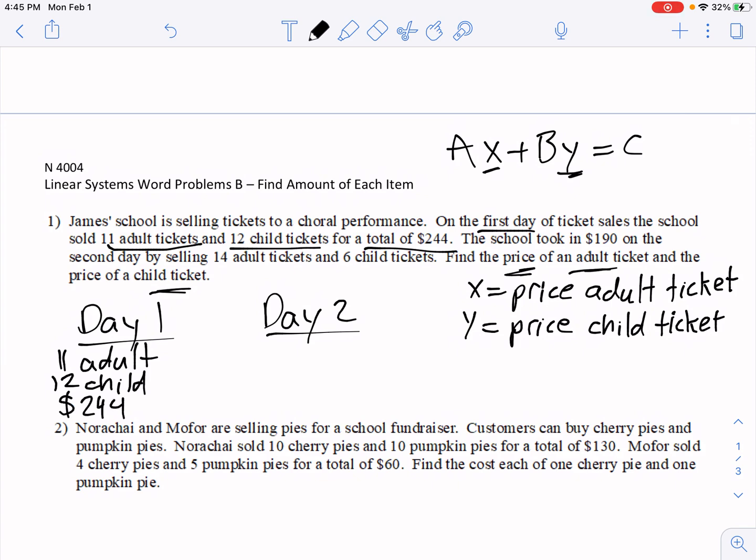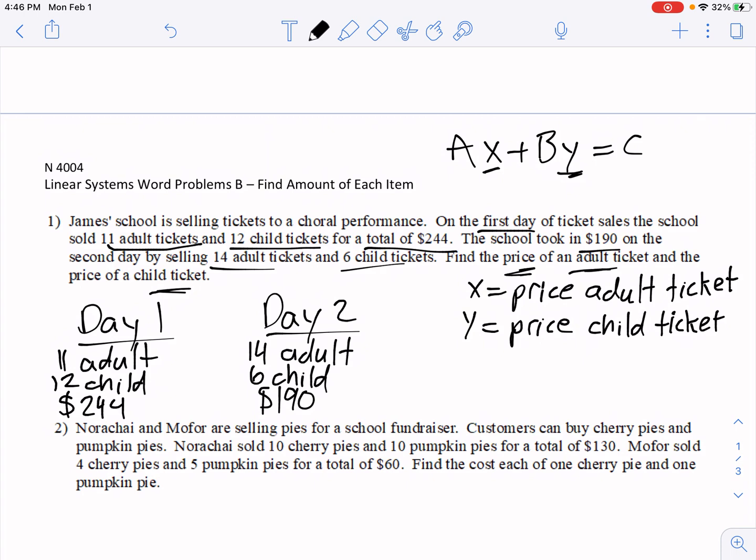Okay, so they went to this choral performance. 11 adult tickets were sold, 12 child tickets were sold for a total of $244. Then on day two, they took in a total of $190, and 14 adult tickets were sold, and 6 child tickets were sold.